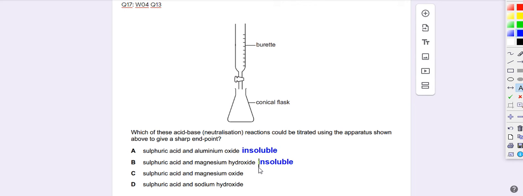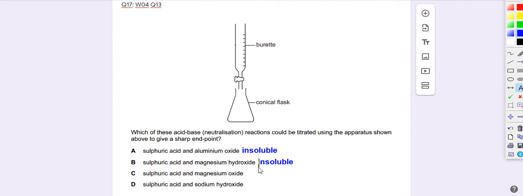Yes, you might say the sulfuric acid will slowly dissolve the magnesium hydroxide. But remember, we want a sharp endpoint. That means very fast. You see, if the solubility of magnesium hydroxide is low, when you run sulfuric acid from the burette, magnesium hydroxide will still have to slowly dissolve in sulfuric acid and react with it.